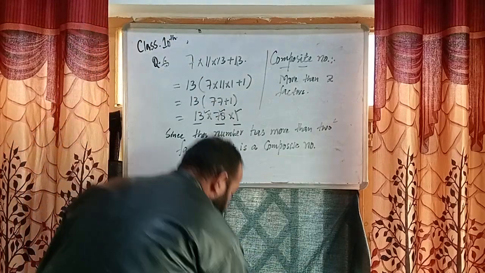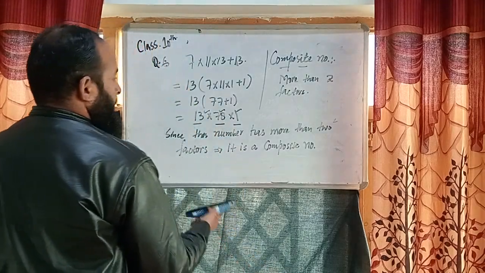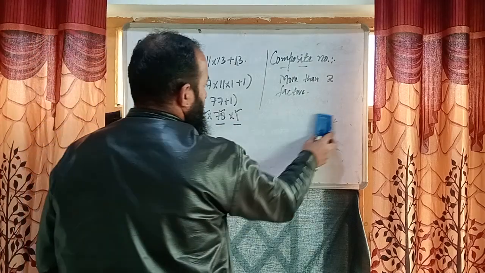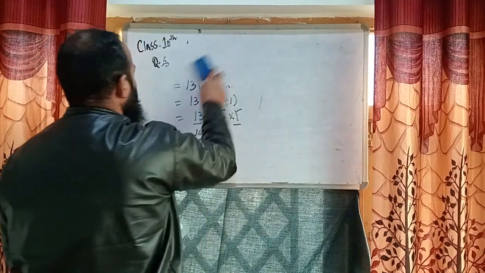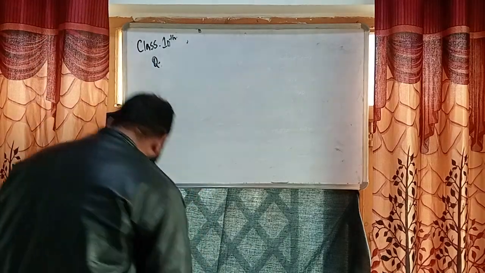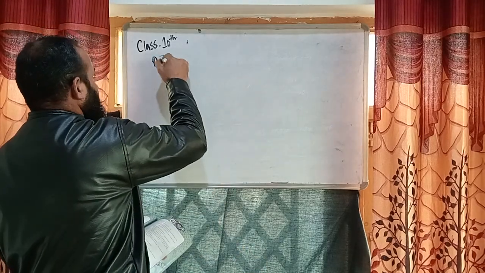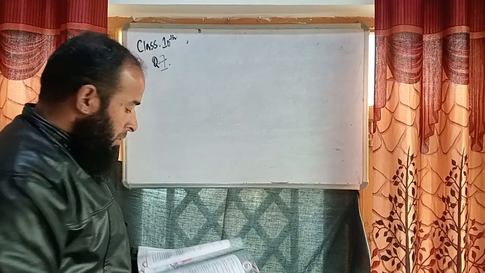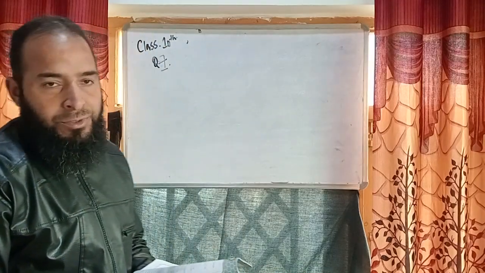Now another question, the last one. It is question number 7. There is a circular path around a sports field.